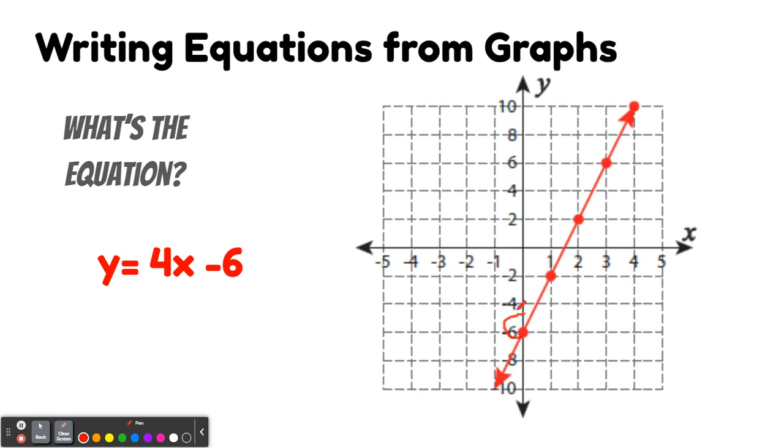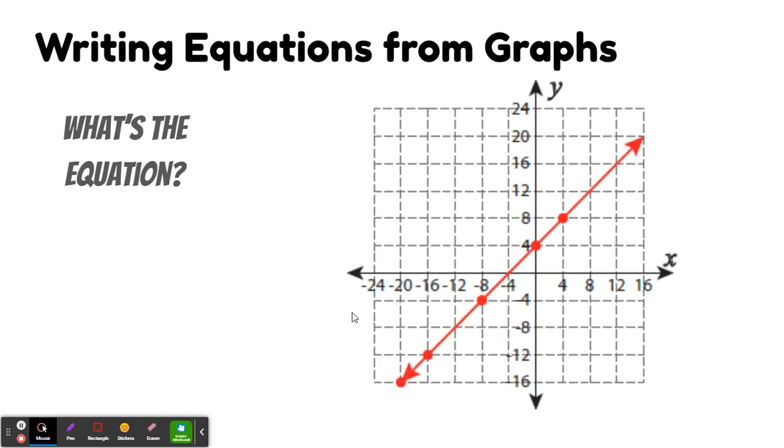So I really went up to 4. So I'm going up 4. I'm going over 1. So that's what gave me my slope of 4. I look for my y-intercept, where it's crossing the y-axis. It crosses the y-axis here at -6. So that's how I got my y-intercept in my equation of y equals 4x minus 6.